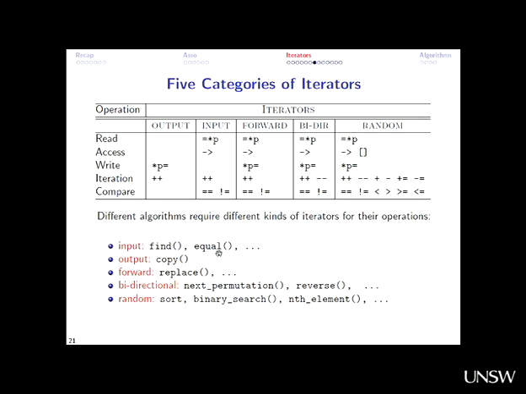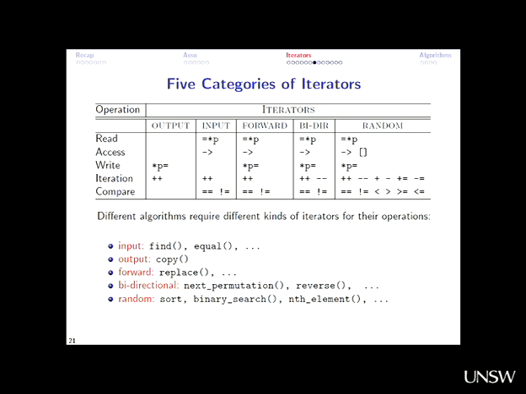Copy. If we want to copy a container using the copy algorithm, we need an output iterator because we need to be able to write values. To replace something, we need a forward iterator. These down here are all STL algorithms. If we want to reverse something, we need a bidirectional iterator to move forward or backwards.